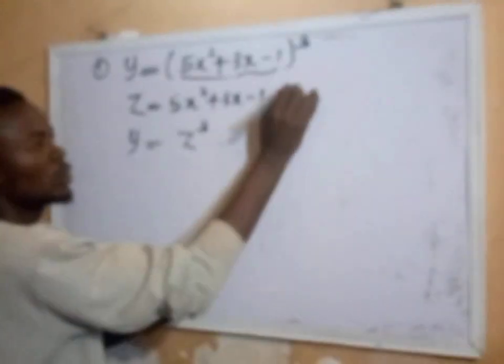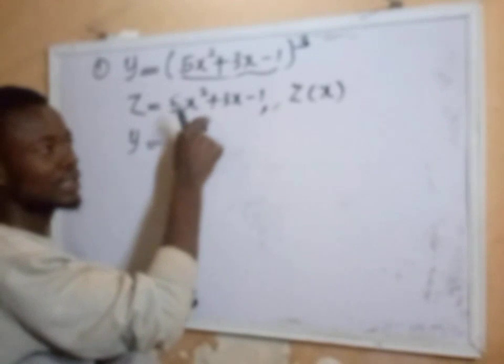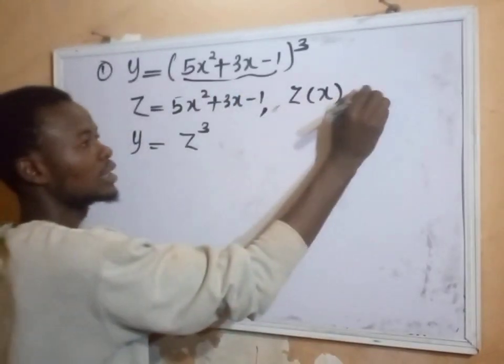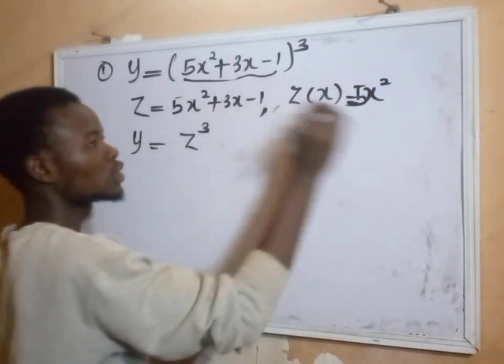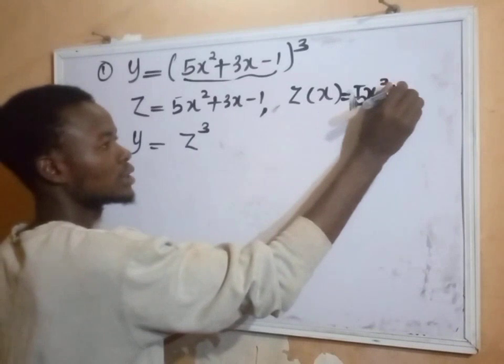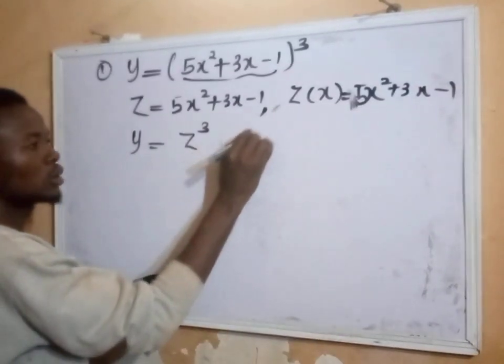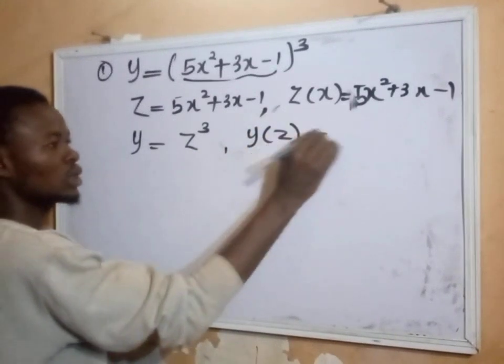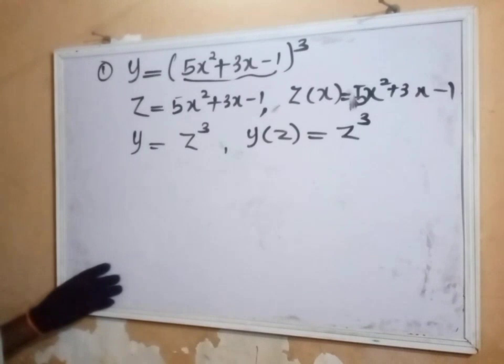You can still write this as z of x equals to 5x squared plus 3x minus 1, or y of z equals to z raised to power of 3. So let's take the derivative.